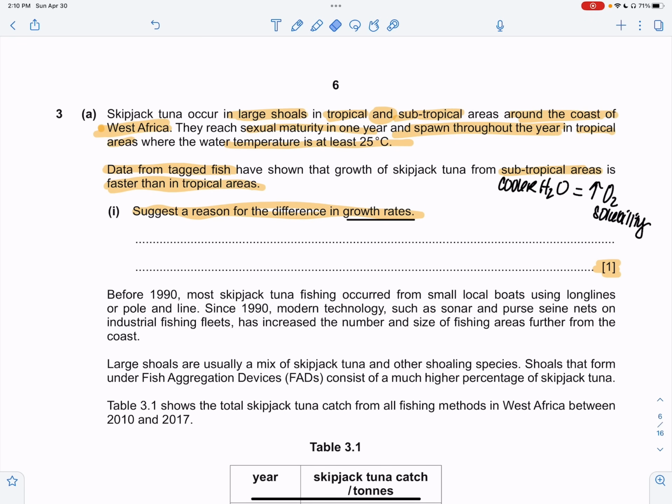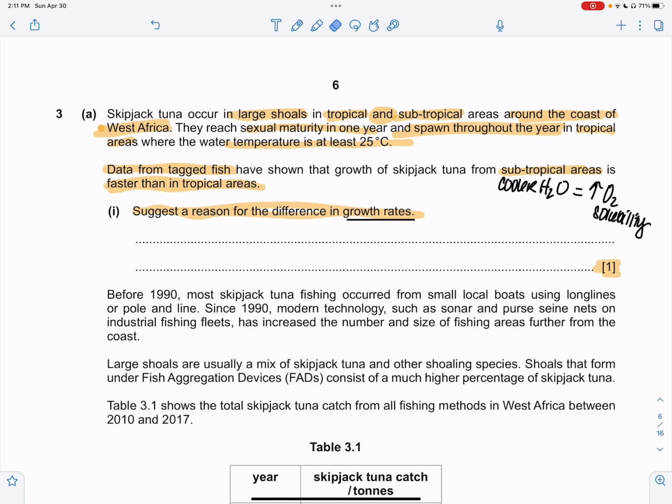Something else we could talk about is that typically in subtropical areas, and we do have this off the west coast of Africa, this also happens off the west coast of Ecuador and Peru, you have upwelling from trade winds blowing across. So more upwelling is going to allow for more nutrients, and more nutrients are going to allow for more growth because you're going to have more productivity of producers, and so the entire food webs will improve.